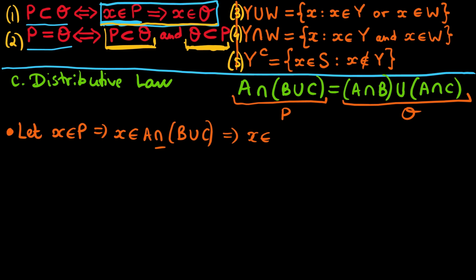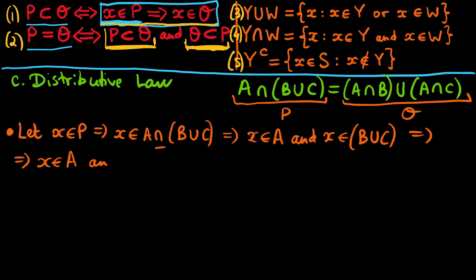From definition 4, it means that X must be an element of A, and X must also be an element of B union C. Now let's unpack that union. What does it mean that X is an element of B union C? By definition 3, it means that X must be an element of B or X an element of C.